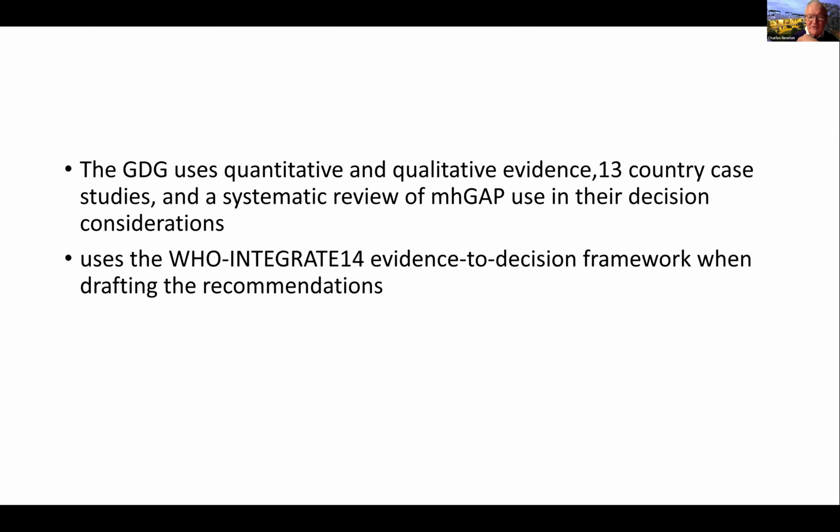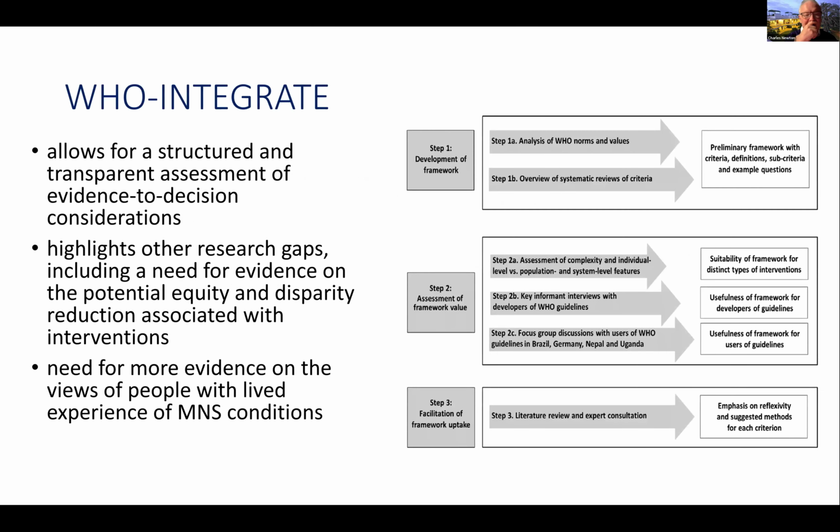And this allows a structured and transparent assessment of the evidence to decision considerations. It highlights other research gaps, including the need for evidence on the potential equity and disparity reduction associated with these interventions, and need for more evidence on views of people living with these conditions, such as epilepsy.